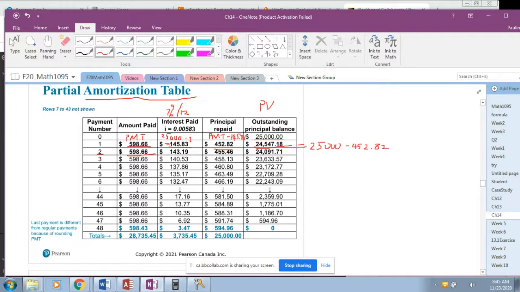But how much is the interest? How do you get this number? I'm going to make a notation here.